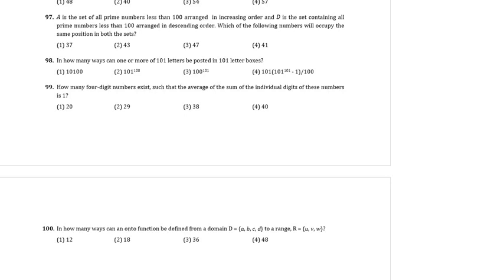Because logically think about it. The smallest number will be in position 1 in one set and it will be in position 25 in the other set, and so on. Only the middle term, that is object number 13, will remain constant in both.